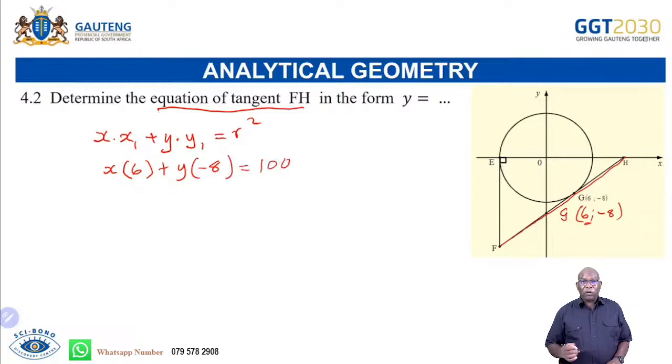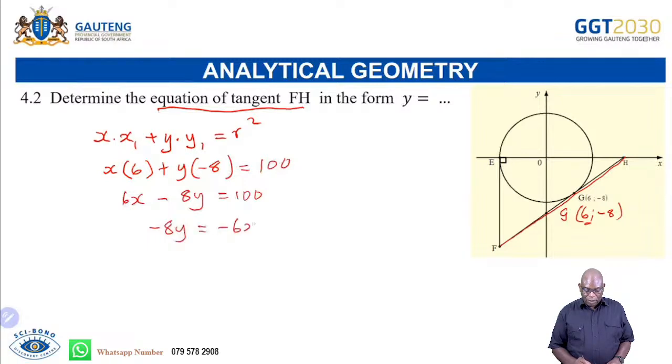Then I must make y the subject of the formula, but first I'll have 6x minus 8y equals 100. Negative 8y equals negative 6x plus 100. I must put it in the form y equals. So divide everything by negative 8.